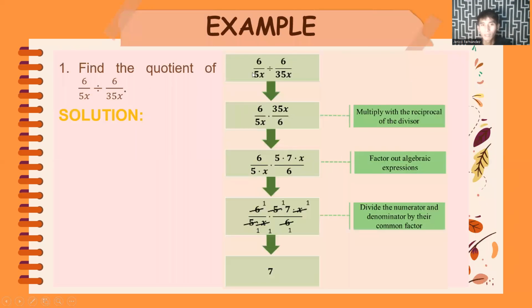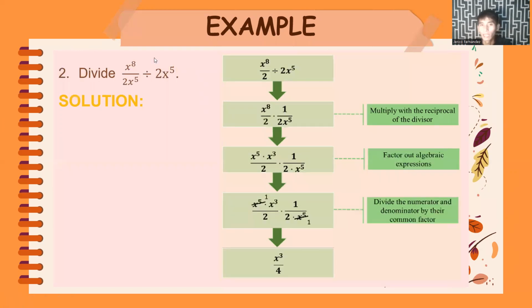So let's have this. 6 over 5x divided by 6 over 35x. First thing, get the reciprocal. So we have the reciprocal. And proceed to multiplication. After getting there, factor out, cancel out, then multiply the remaining terms. Okay. Same goes with this.